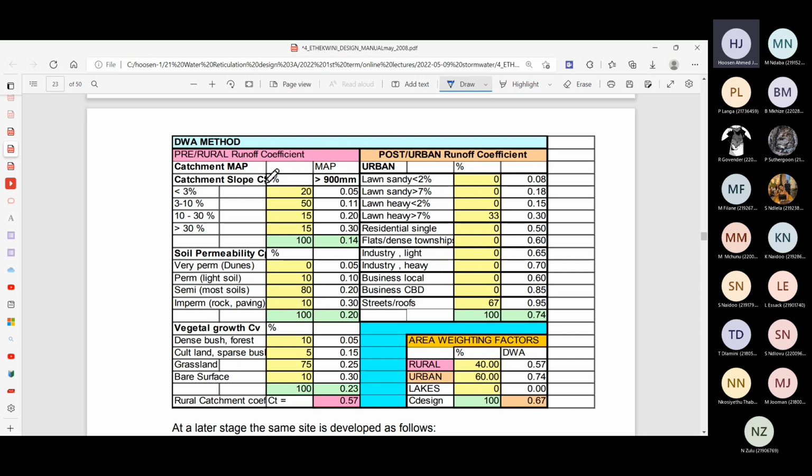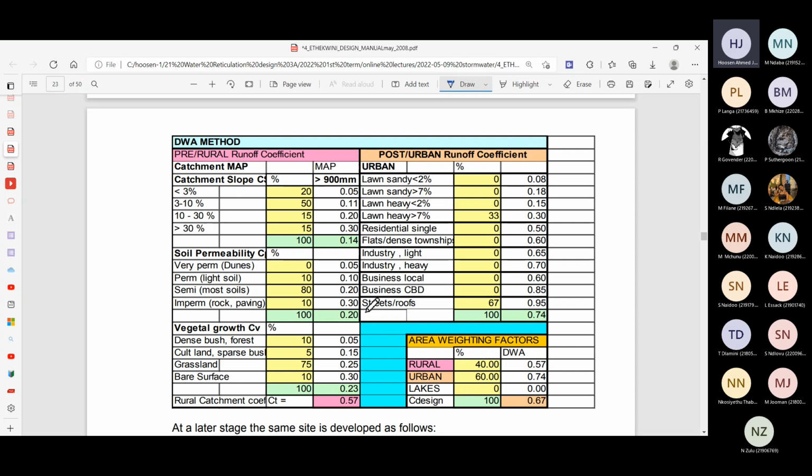But if you knew differently about the slope, if portions of it were sloped differently, we don't have any information other than that, so we cannot spread it out over these different slopes. So we take 100% of it as less than 3%, and we get a value of 0.05 for that 100% of the catchment area A. Then the permeability of catchment area A, again, you now need to make a decision on that, unless you may have some geotechnical information or first-hand experience about the soils.